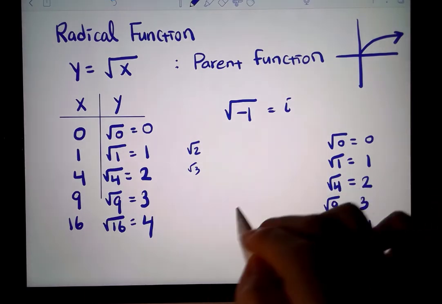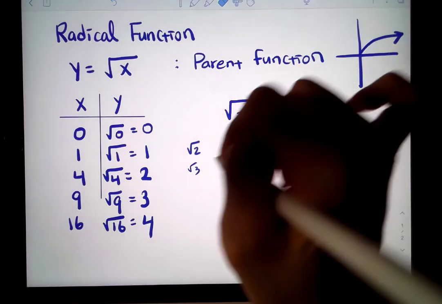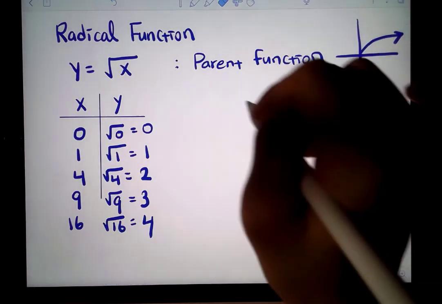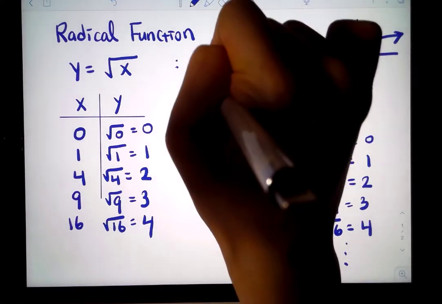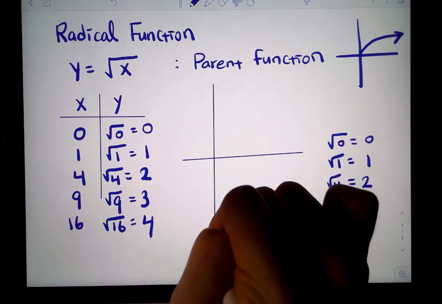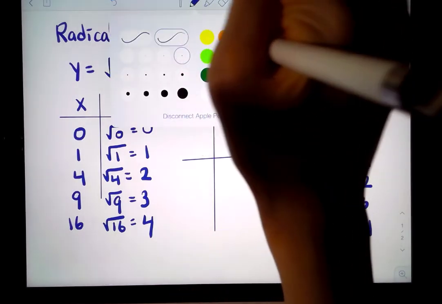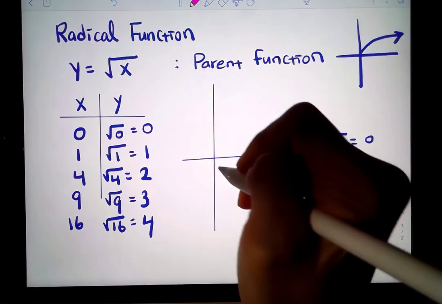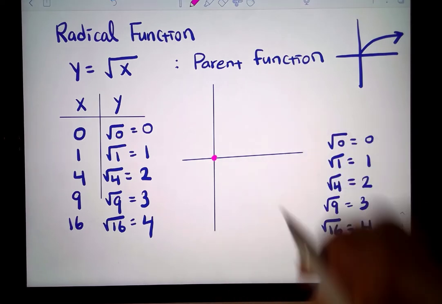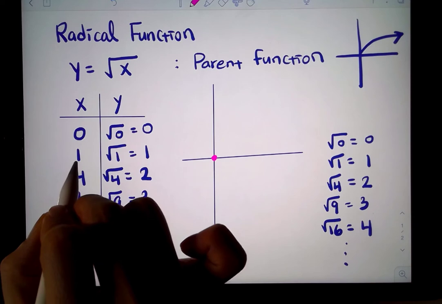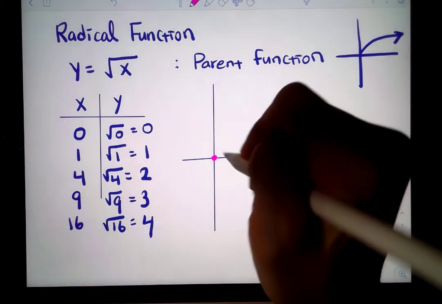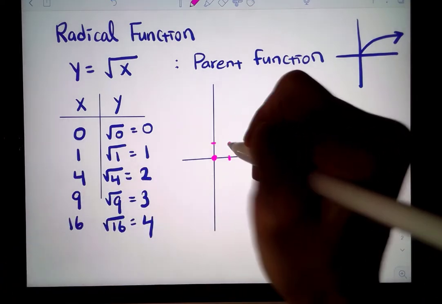So if I sketch that graph again, then we get this, guys. Let me erase this. If I sketch it, from 0, 0, right? So we get this. And then the next point is 1, 1. So this.